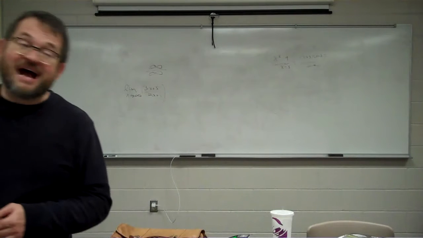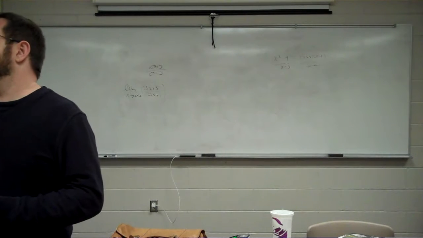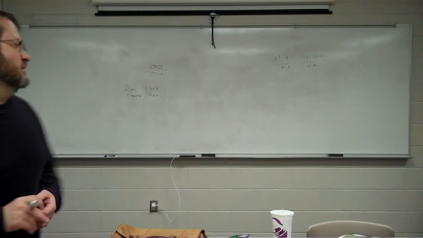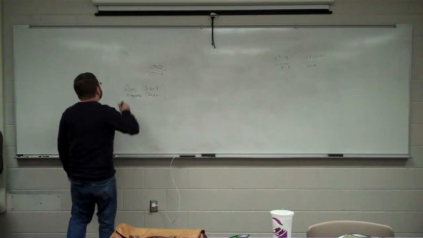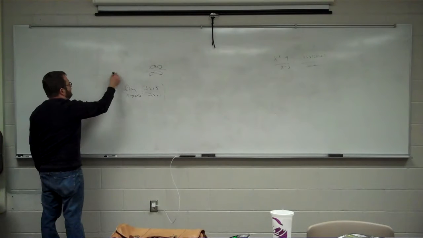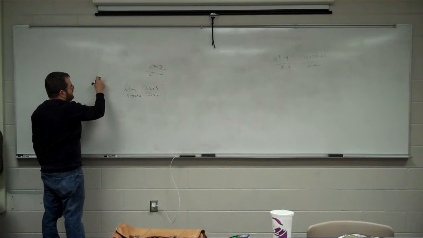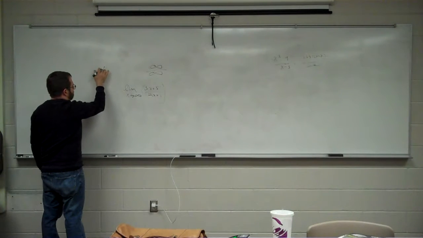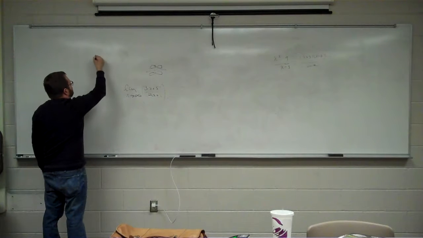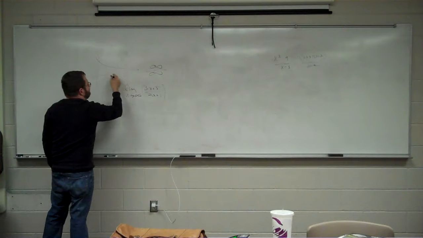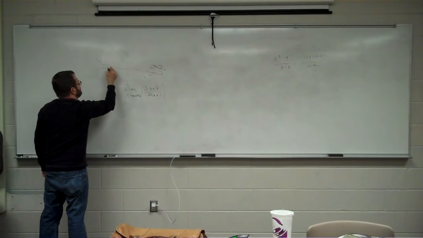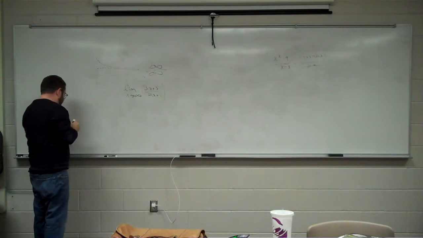We could make a graph of it. We could take its derivative and so on. But if we actually made a graph of this thing, it looks something like this. And going out to infinity on the x-axis, we're approaching some value here.